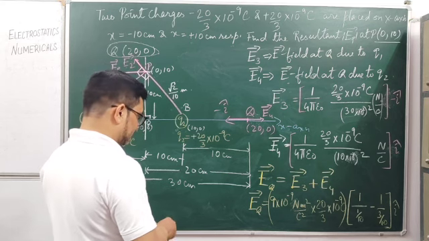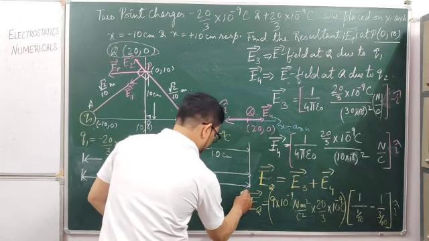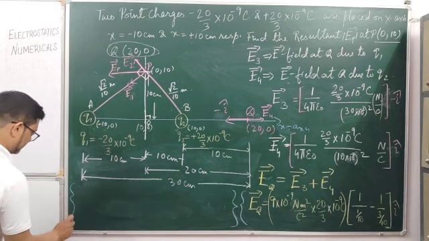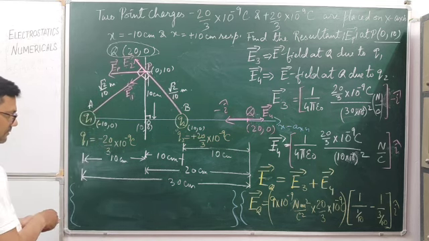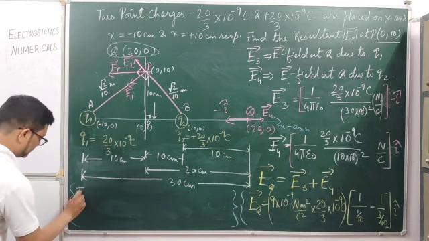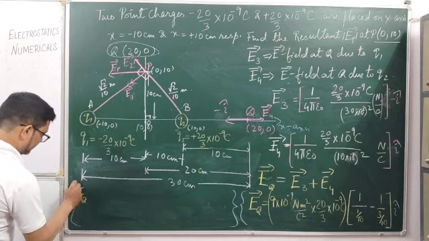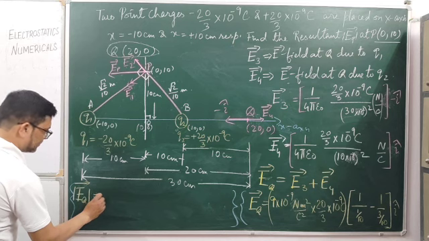Now let's evaluate this. I'm just using this portion of the blackboard to evaluate the numerical value. So it comes out to be, therefore, EQ. Let's see the value of it, the magnitude part of it.